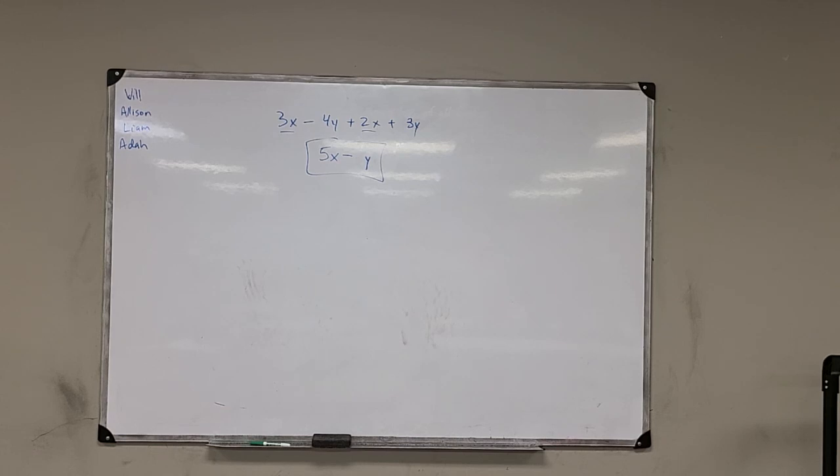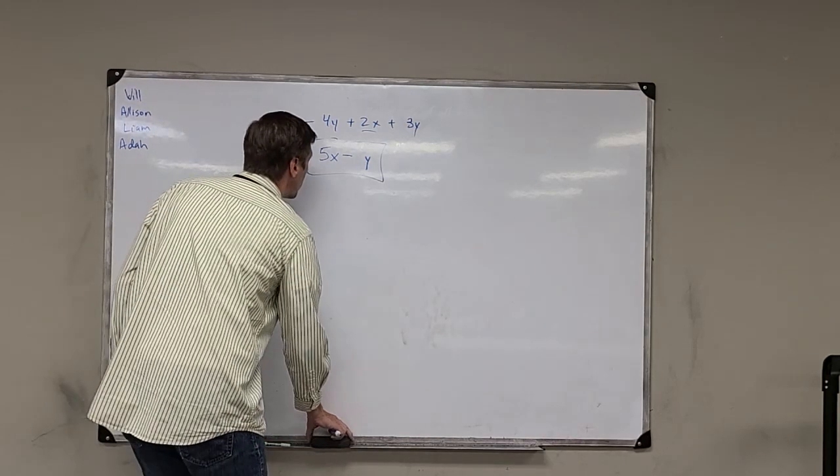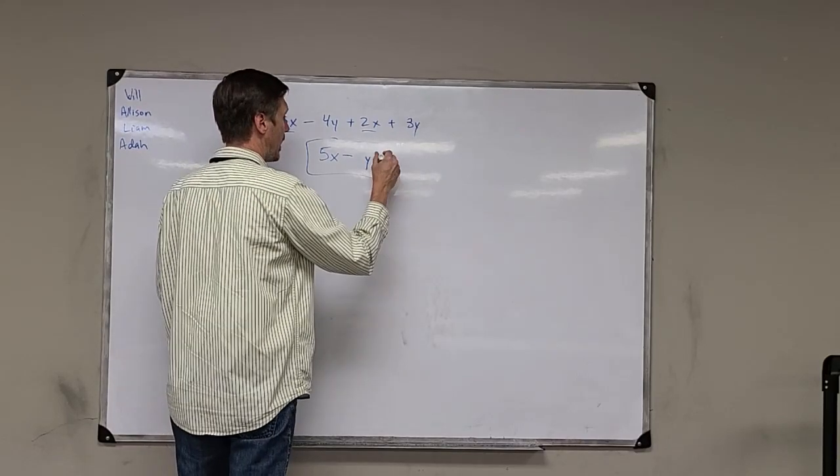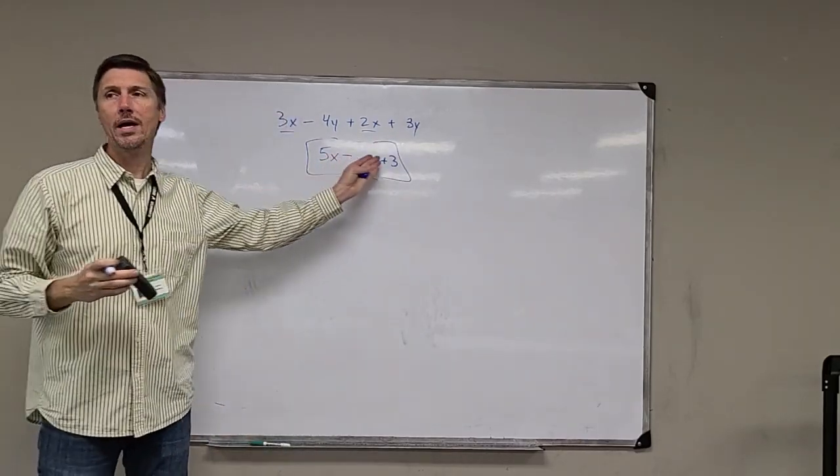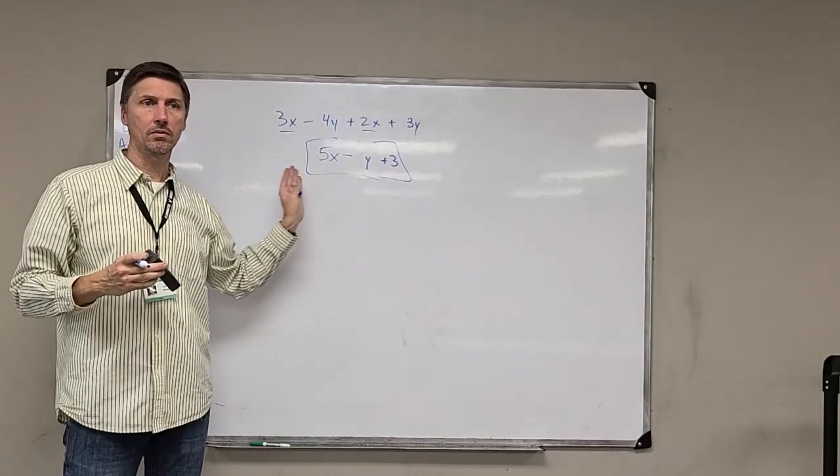Okay? All right. Well, that's really it for like terms. You can only combine the terms if they've got the same variables. That means if you have something like this, and I were to add a +3 onto the end of this expression, there's no way I could simplify it any further, right?